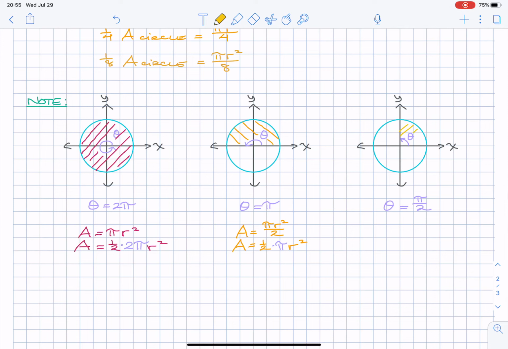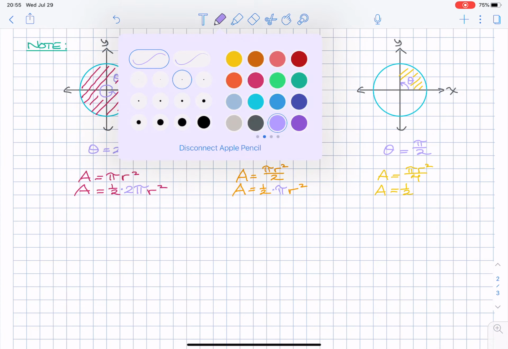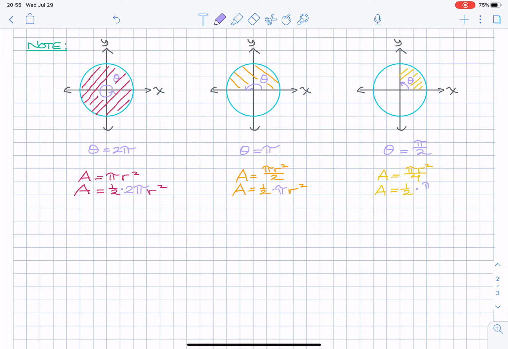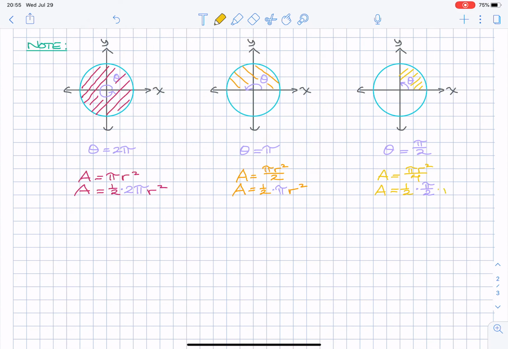Sorry about that. So we want now the area of 1/4 of a circle. So the area of 1/4 will be pi r squared over 4. Well, let's factor out 1/2. So what's going to be remaining there in order to get 4 in the denominator would be pi over 2 r squared.